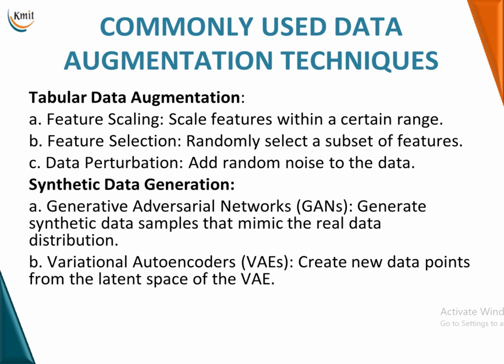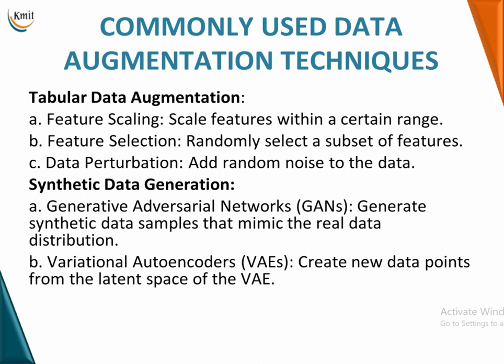And the most commonly used type of data augmentation these days specifically is data generation. Synthetic data generation is what we call it. The very popular GANs and VAEs come into the picture.